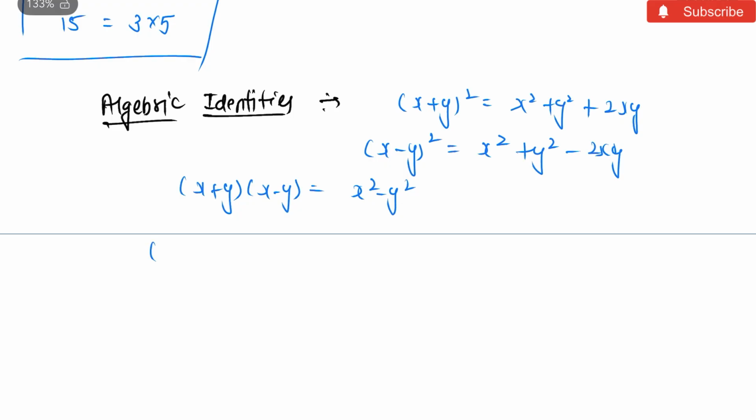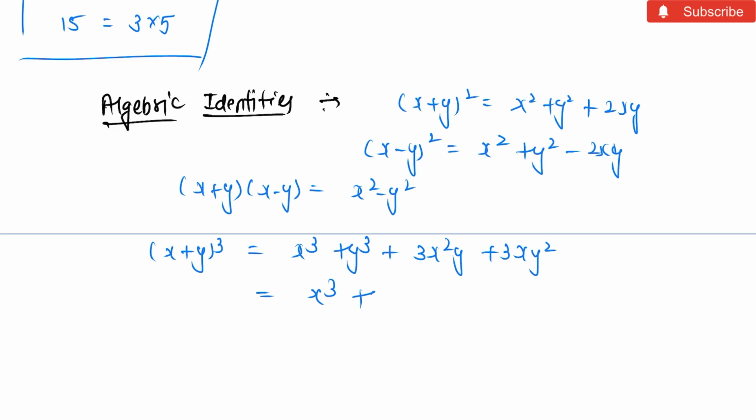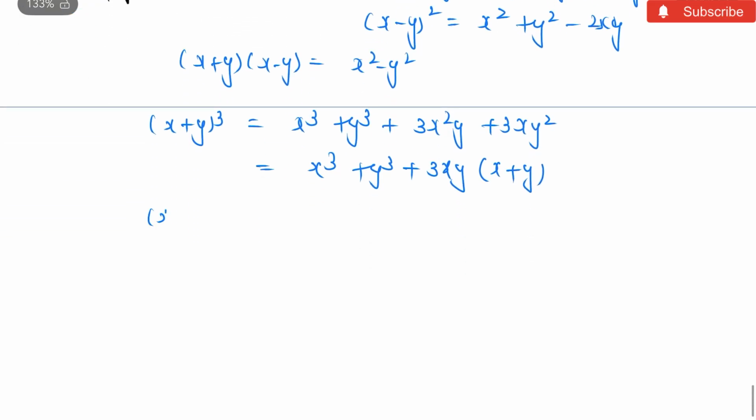And next, if we have a cube, like (x plus y) cube, so we have x cube plus y cube plus 3x square y plus 3xy square. Or we can write it like this also: x cube plus y cube plus 3xy times (x plus y). Next, (x minus y) cube. So put minus where the power of y is odd.